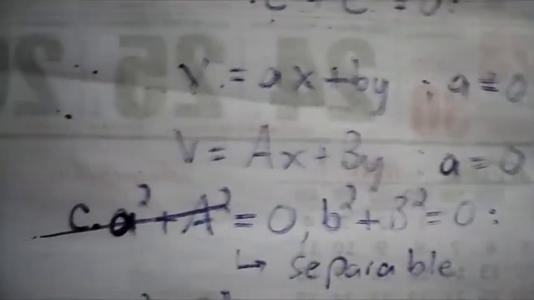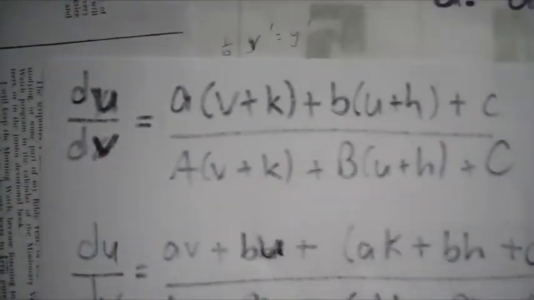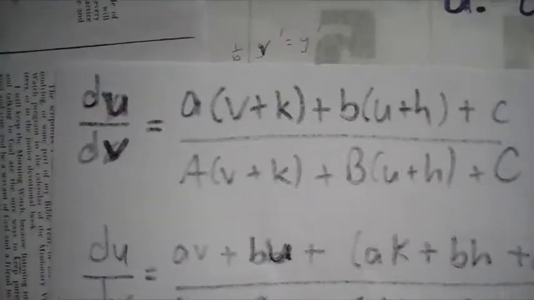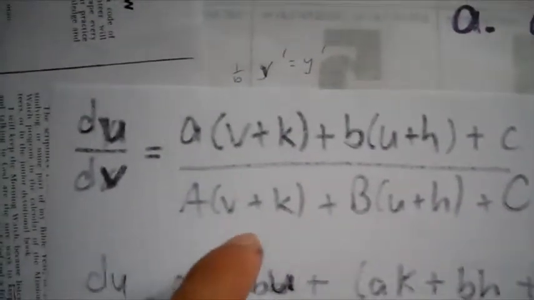So we're asked to prove the following. For a, we can use the substitutions given here to get du over dv, which is equal to a multiplied by these given terms.